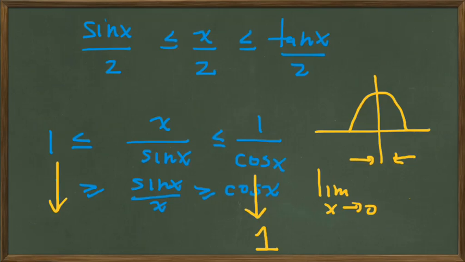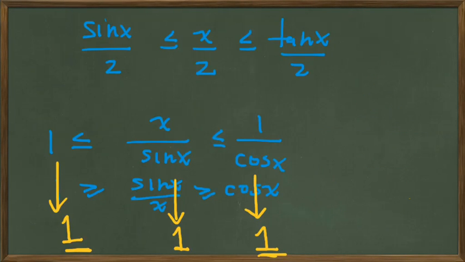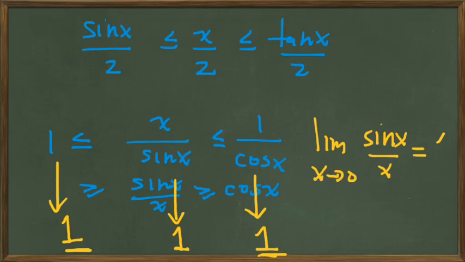It already is 1, and so it just stays at 1, and therefore our sine x over x is both less than or equal to 1 and greater than or equal to 1, and so it must itself be 1. So we arrive at the conclusion to the question, what is the limit as x approaches 0 of sine x over x? And we see that that result is 1.